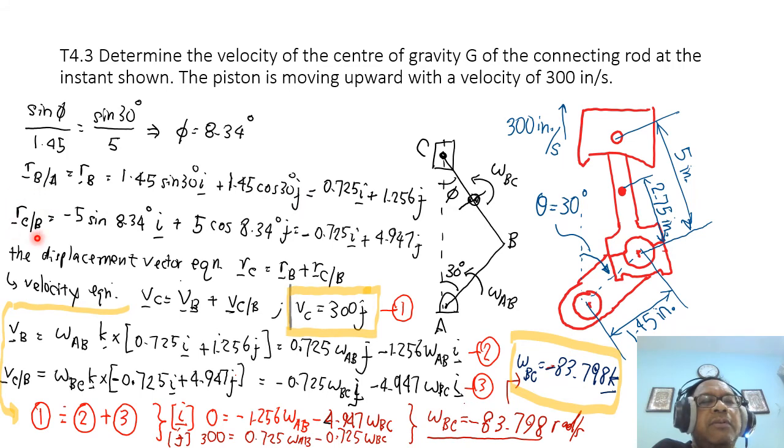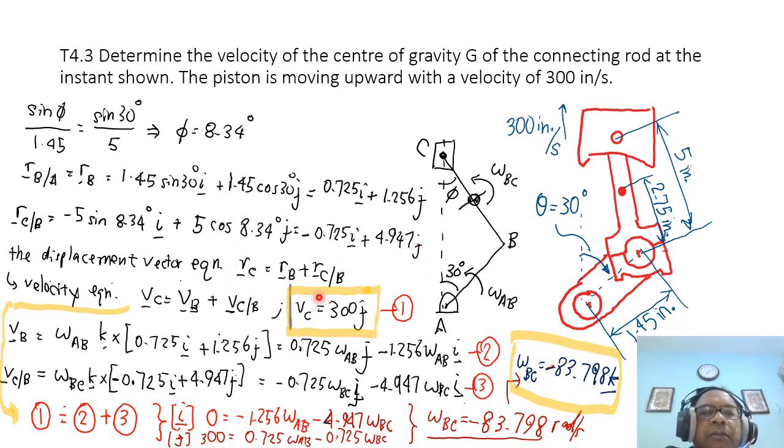And then I use the same approach to find position vector C relative to B. I know what my phi angle is. The angle is 8.34 degrees. So I've substituted minus 5 is to the left, and it is going up, and it got minus 0.725I plus 4.947J.